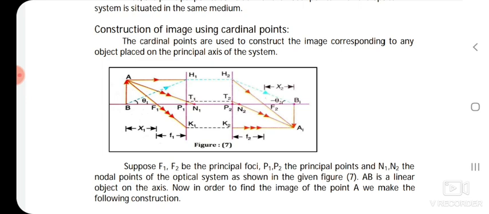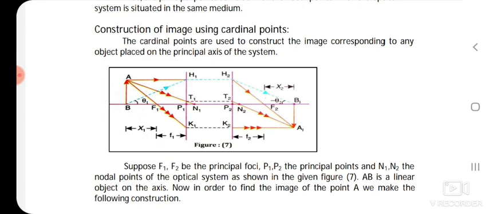The conjugate ray will proceed from H1 to a point H2 on the second principal plane, so that H2 P2 is equal to H1 P1, and will pass through the second principal focus F2. Okay, just see in this diagram.